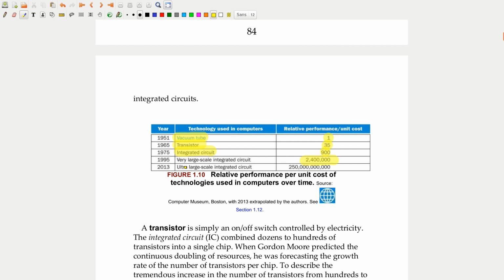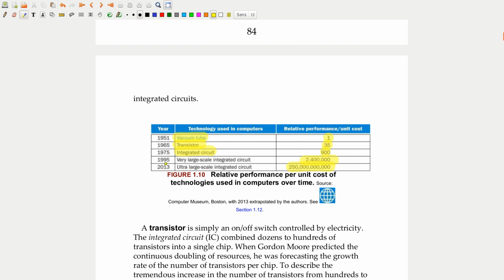But to show the overall scale of technologies over generations, it's fairly interesting, I guess. And then in 2013, we're getting into chips the size of, like, the Volta GPUs, which I think are 21 billion transistors. That's when we get to ultra large scale integrated circuits. We're getting to 250 billion, with a B, times faster than vacuum tubes.